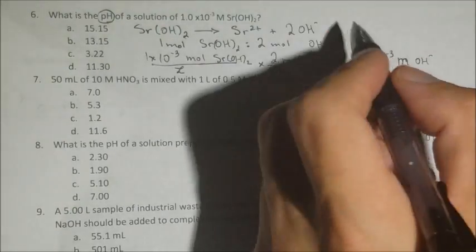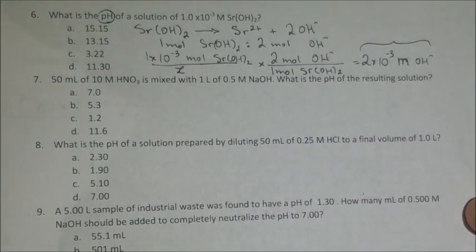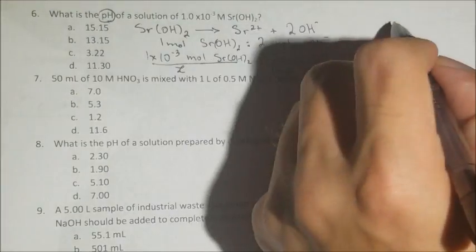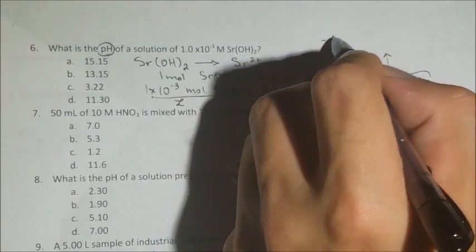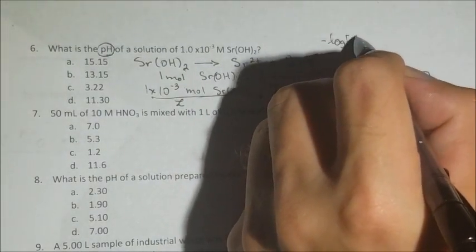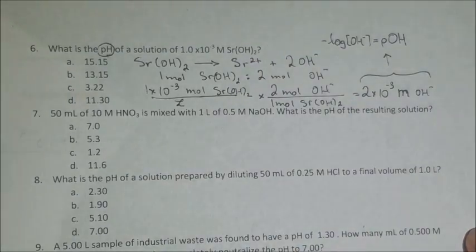So let's go ahead and take this now and see if we can use it to figure out what the pH actually is. If we took the negative log of the hydroxide concentration, that gives us the POH.